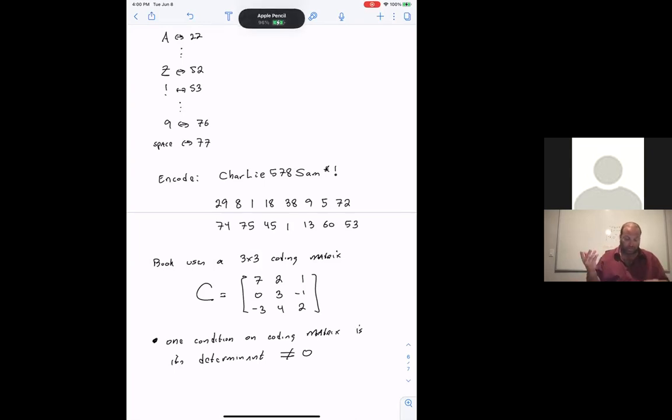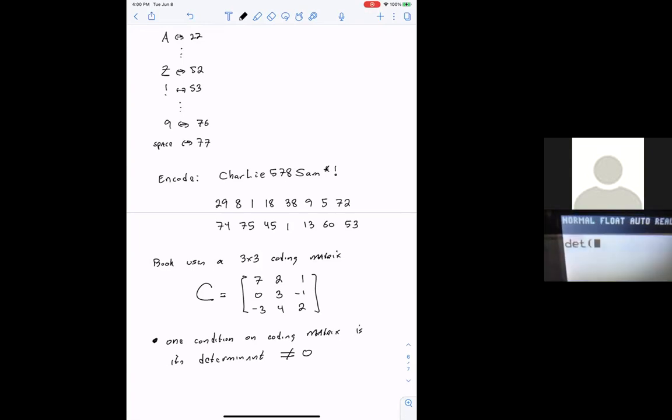How do I find the determinant of the matrix? No problem. Second matrix on my calculator, especially since it's a 3 by 3. Edit. I'm going to do a 3 by 3: 7, 2, 1, 0, 3, negative 1, negative 3, 4, 2. Second quit. Second matrix, right to math, and the very first one on the list is the determinant.